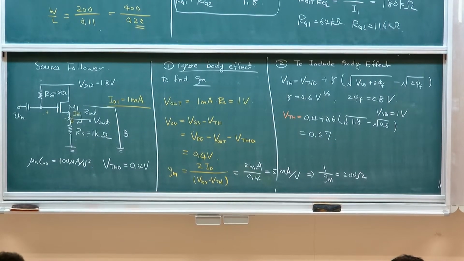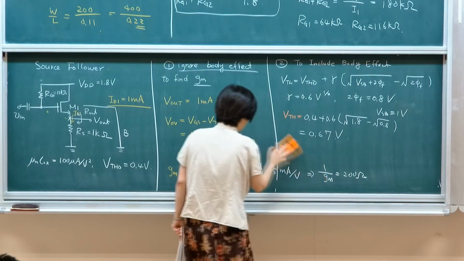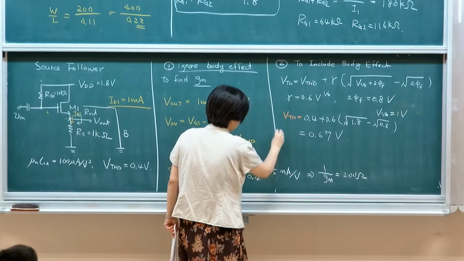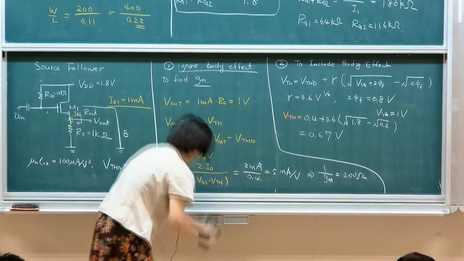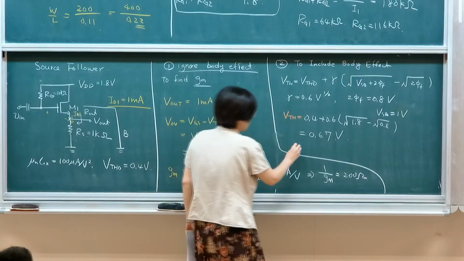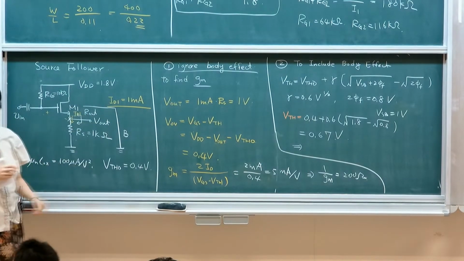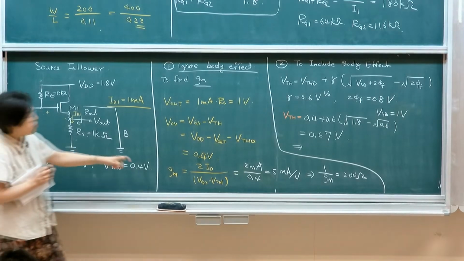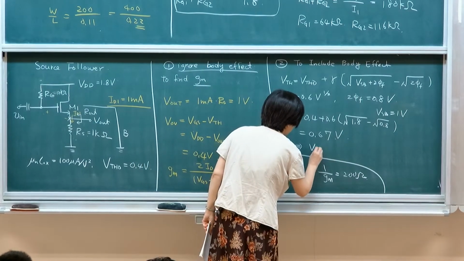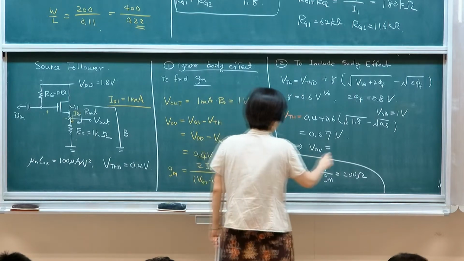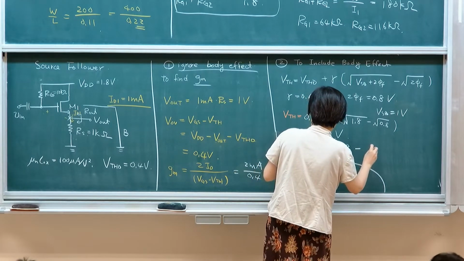Okay? The implication is that, to sustain the same amount of current, you would then need a much larger W over L. From this, we can actually go back and calculate its W over L. But in this case, what happened is that your overdrive will be 0.8 minus 0.67.